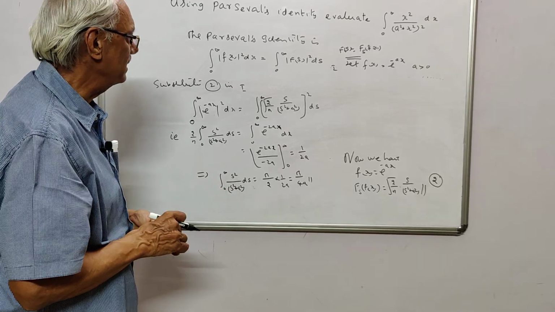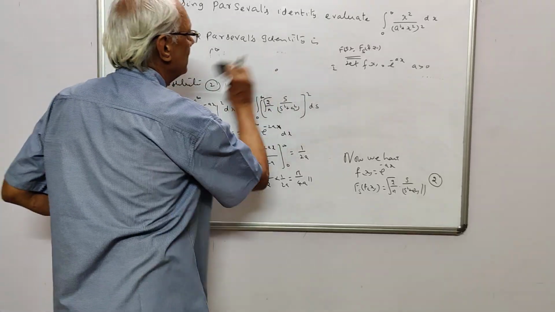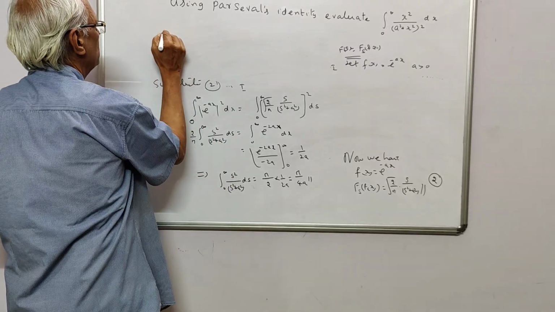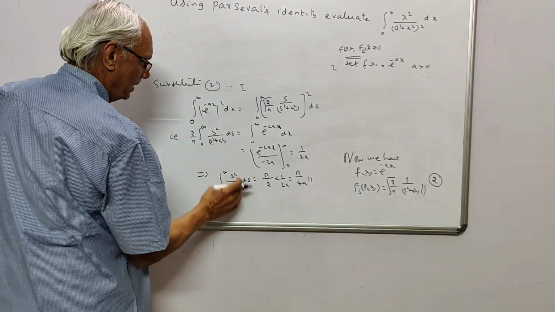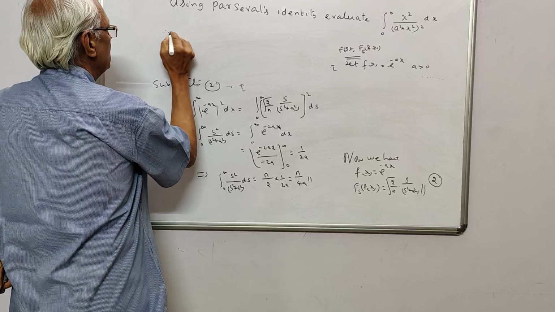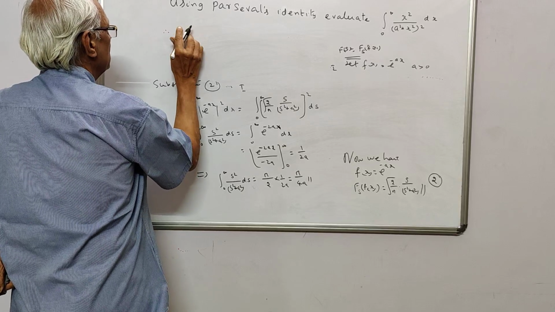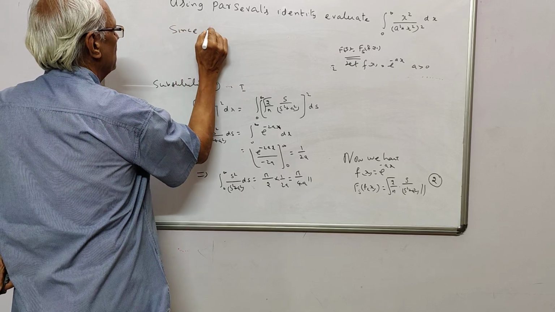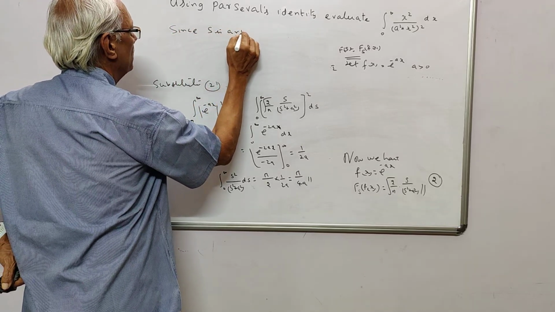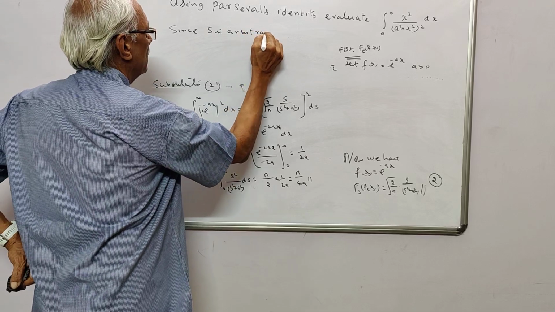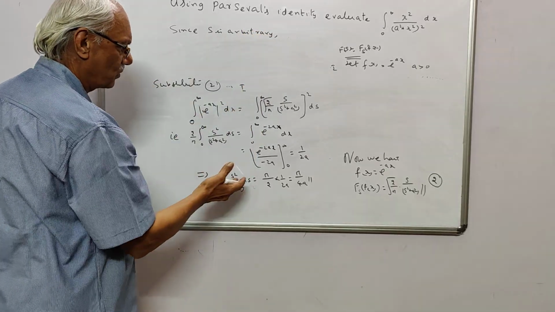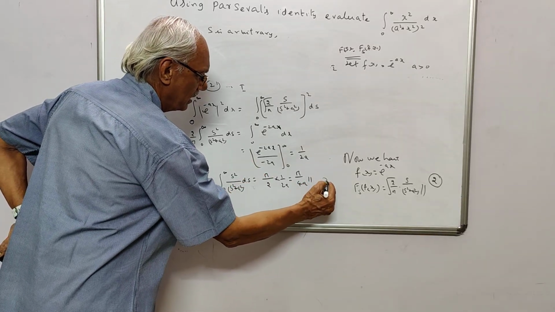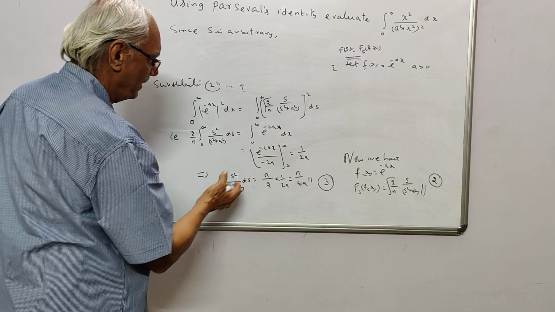So we can very well write, therefore, since s is arbitrary, that is, this is true for all s, let me call this 3. This 3 is true for all values of s.